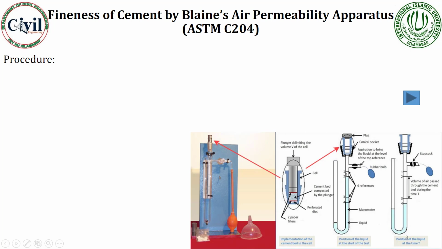Gradually, at the same time, your manometric liquid will drop due to the passage of air through this perforated tube. So you record the time between points 2 and 3, and you will get the fineness based on the delay time between points 2 and 3.